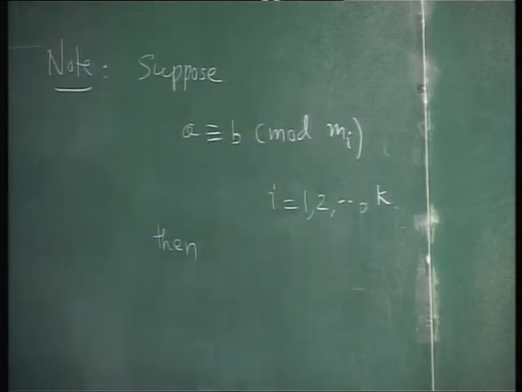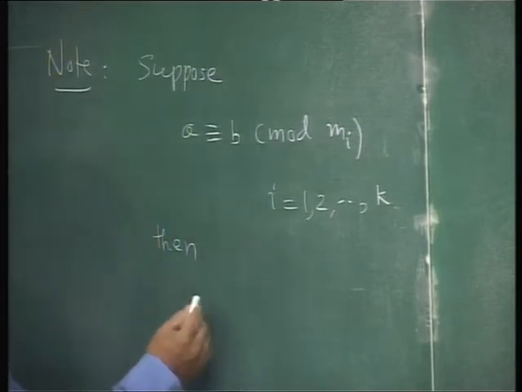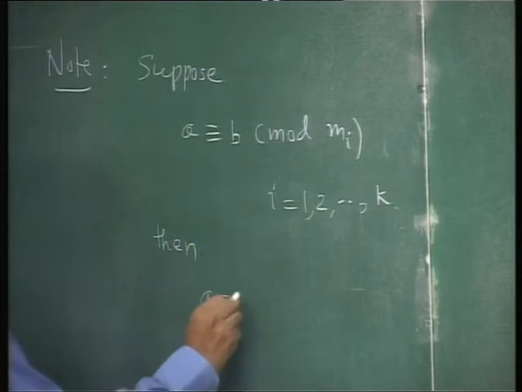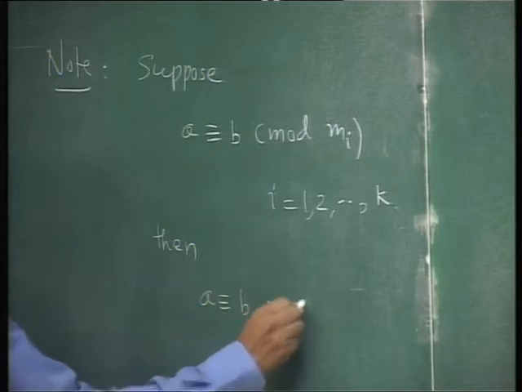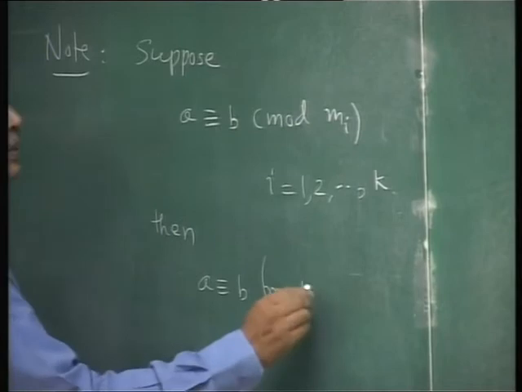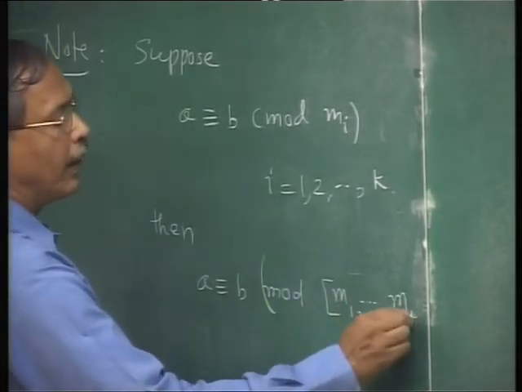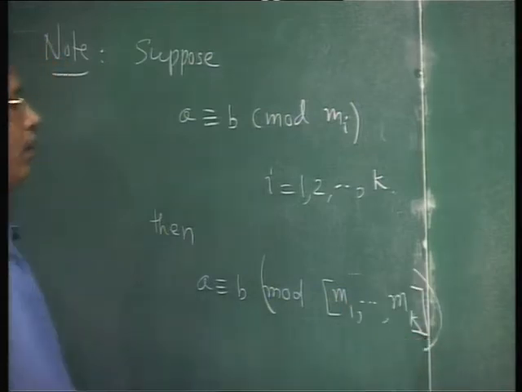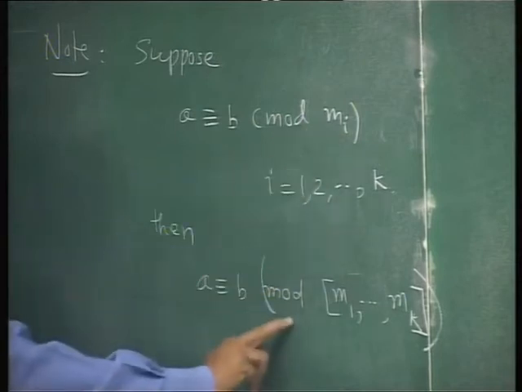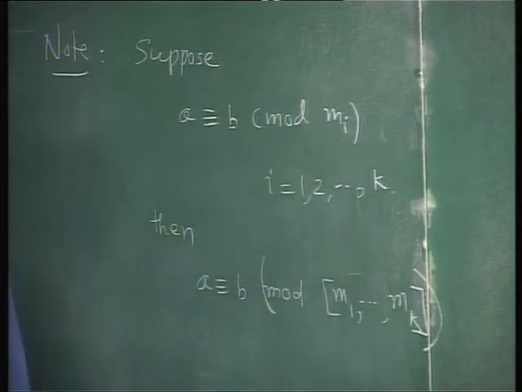I can consider a single congruence for this, which is equivalent. Then A congruent to B mod the LCM of the numbers m1, m2, ..., mk. If all these congruences hold, then this single congruence holds.